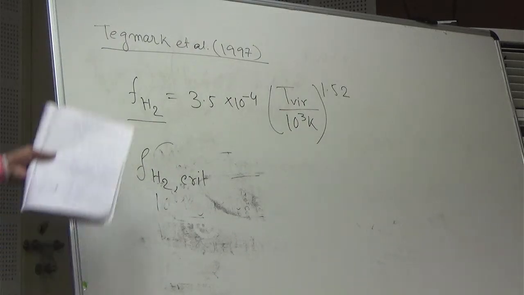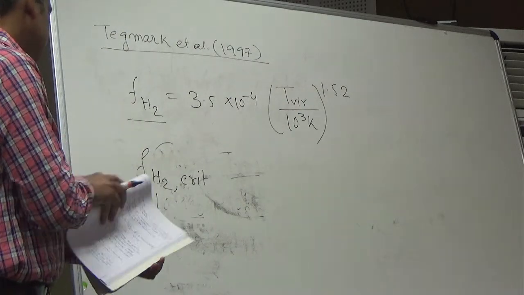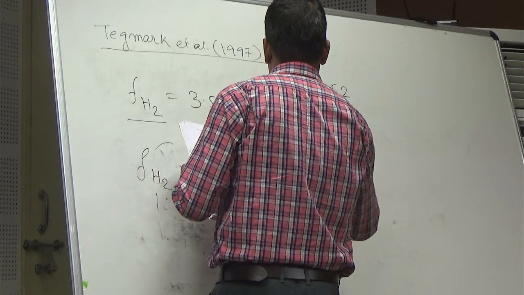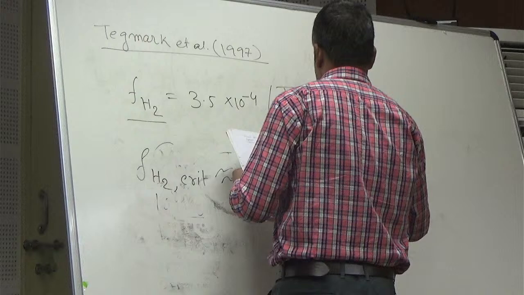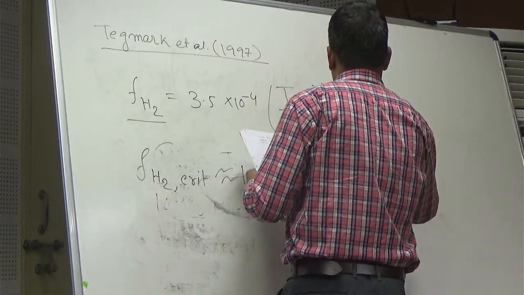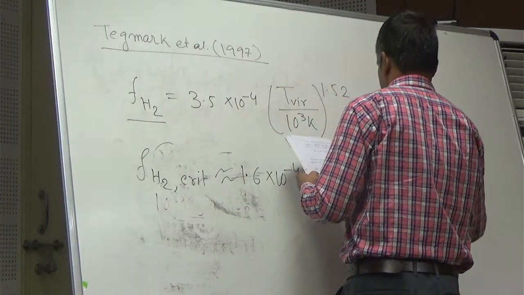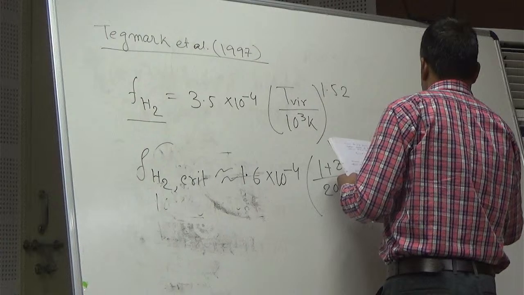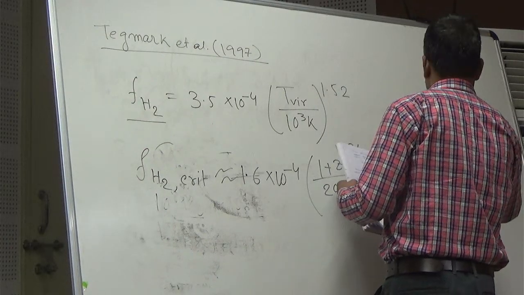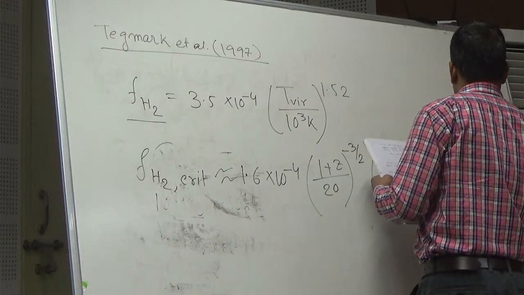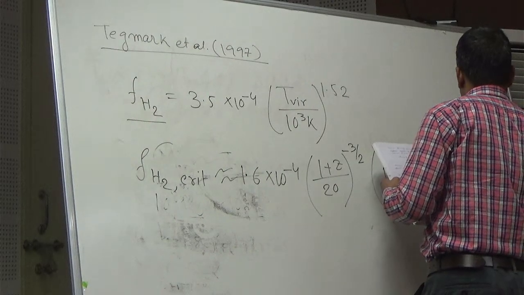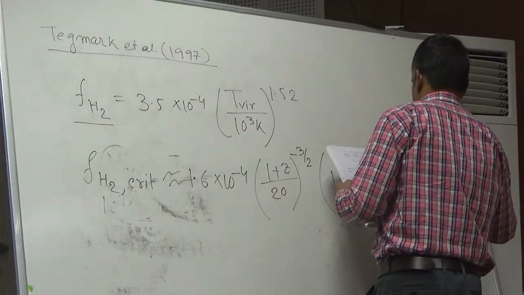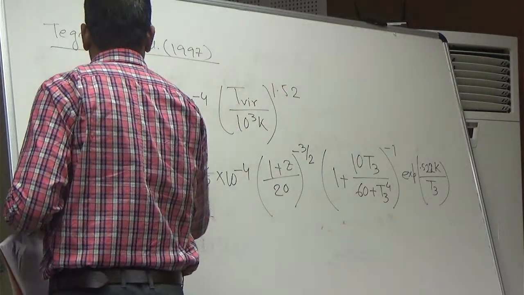In the same paper, you will find this relation to be like this: 1.6 times 10 to the power minus 4, times 1 plus z, and so on. So this can be written like this.